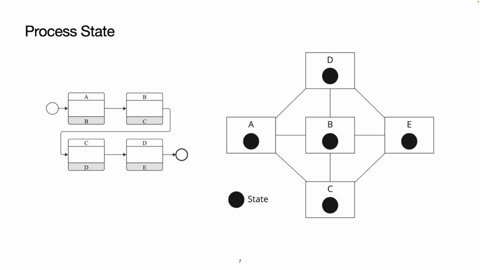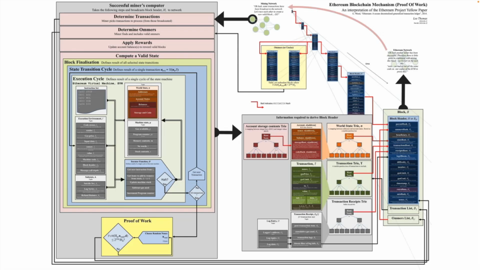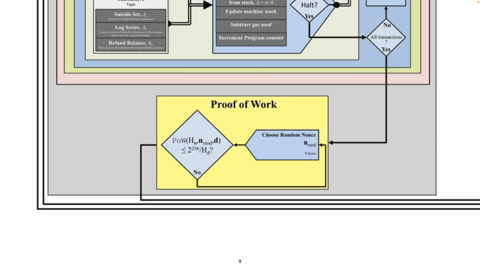So now the process state is shared among all of the participants, and thanks to the blockchain, we can assure that the data is replicated equally among all the participants. Now, how does this work? It's a different story for a different time, but most importantly, you've heard of proof of work and proof of stake. These are consensus protocols that ensure that the data is replicated correctly and no one can alter or modify the data as they wish.